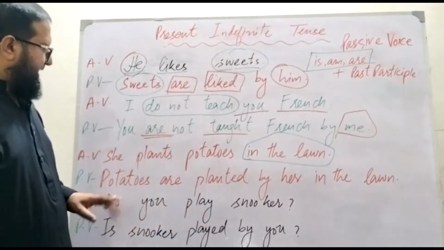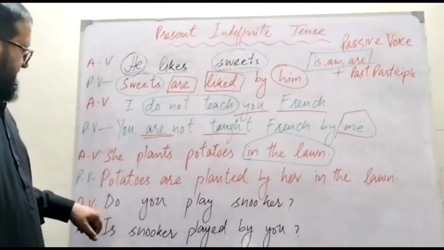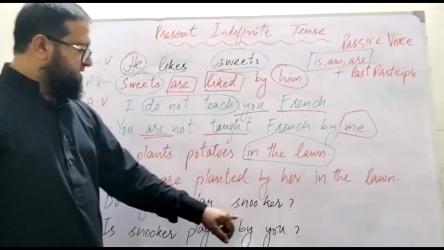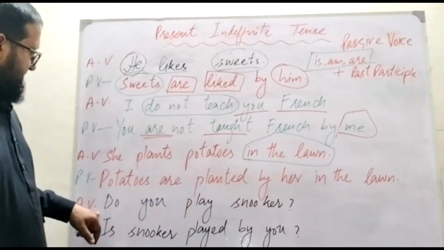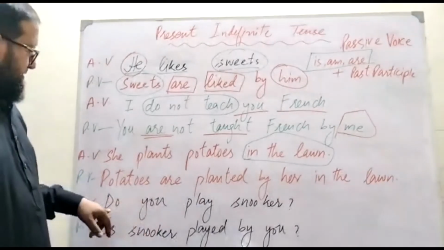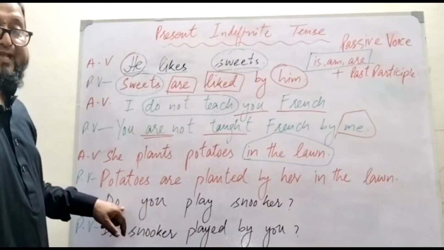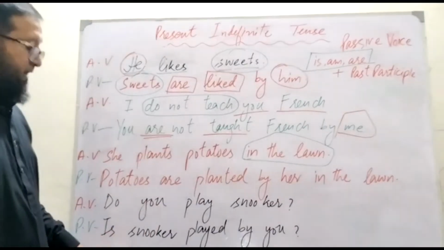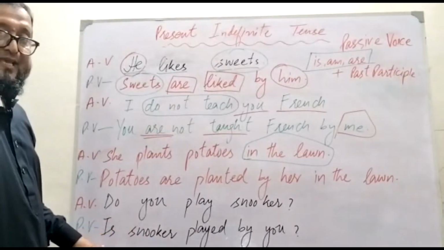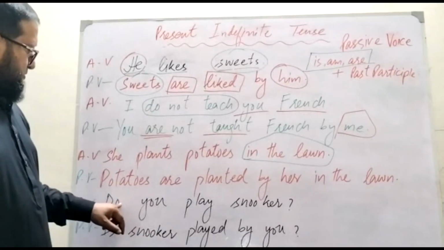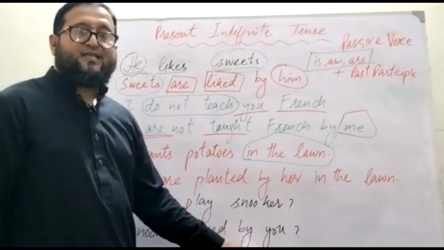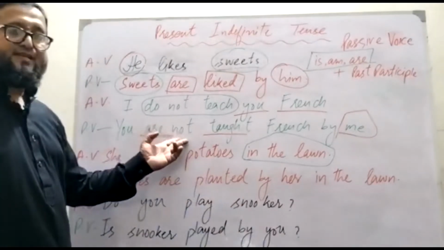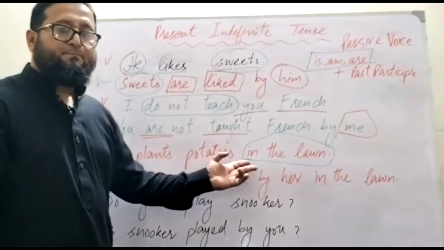Alright? Next sentence you see, in active form is: do you play snooker? Question, an interrogative sentence. Now how will you convert it? Do not put do or does in these kinds of sentences in passive form. What will you put over there? Is. Alright? So if there is a question, it will remain a question in passive voice. If there is a negative sentence, it will remain negative in the passive voice.